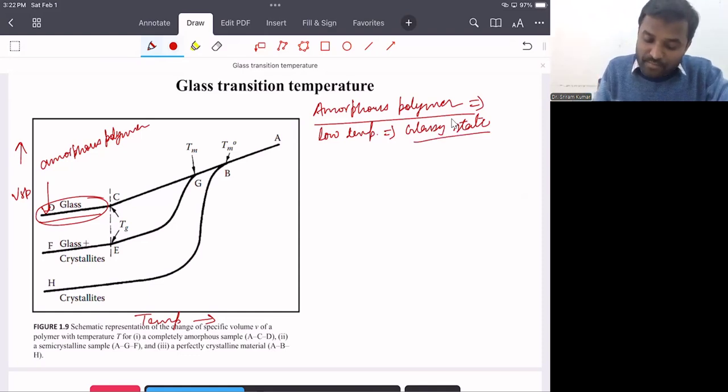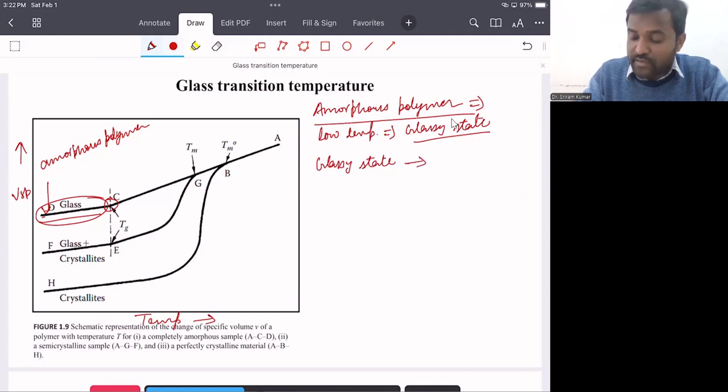When we increase the temperature slowly from here to there, at that particular temperature the glassy state of that amorphous polymer becomes a rubbery state or rubber-like structure. This phenomenon occurs at a certain temperature, and that temperature is called Tg.